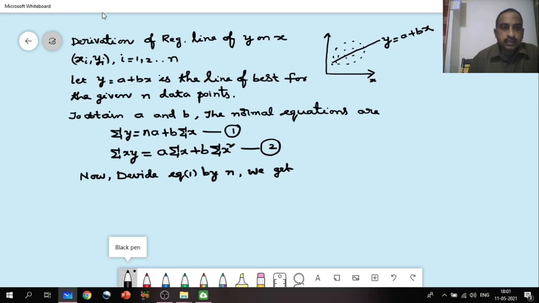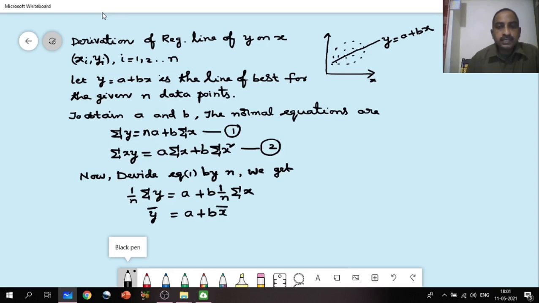So this is nothing but 1 by n summation y equals a plus b into 1 by n summation over x. 1 by n summation y is nothing but y bar equals a plus b times, this is nothing but the arithmetic mean of the x series. So can I write this as y bar equals a plus b x bar. I put it as equation 3.